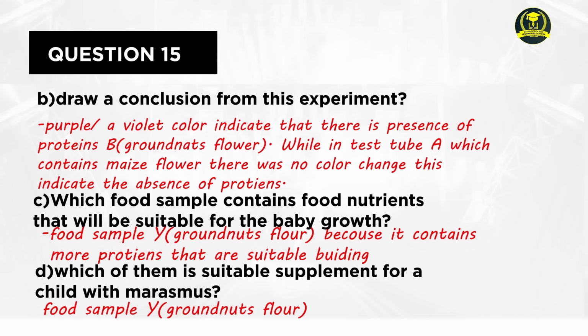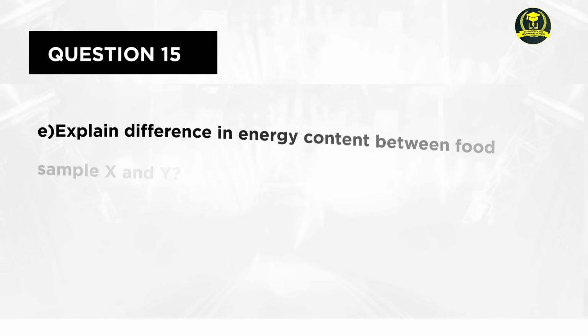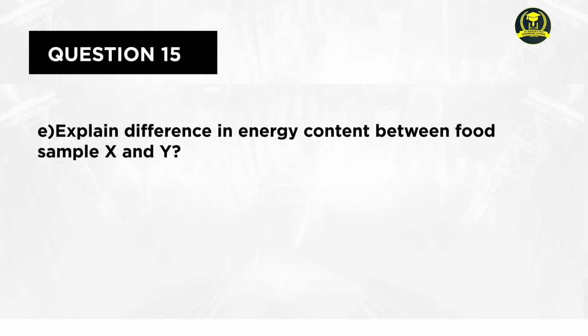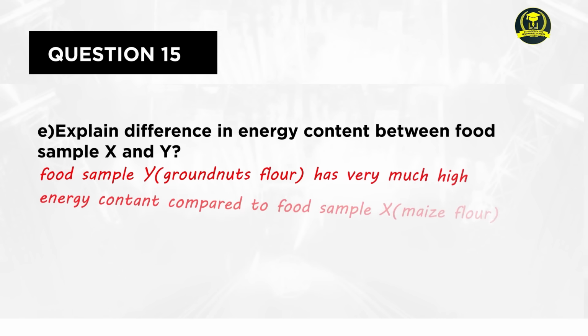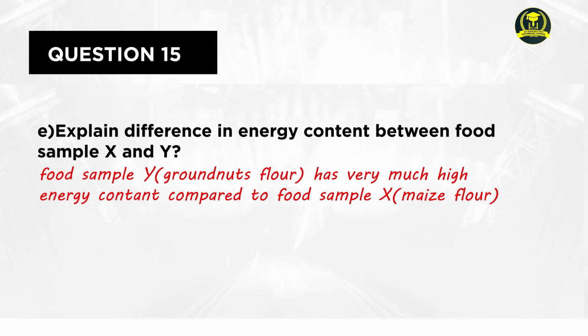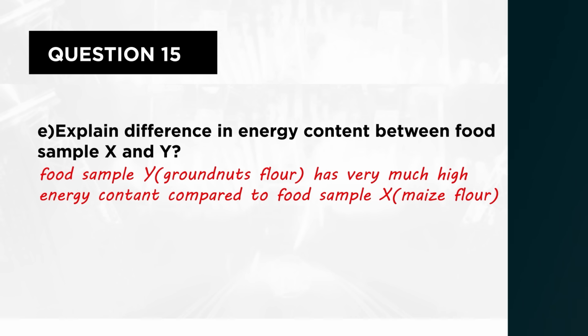Food sample Y, which is groundnut flour. Question D. Explain the difference in energy content between food sample X and Y. Food sample Y, which is groundnut flour, has much higher energy content compared to food sample X, which is maize flour.